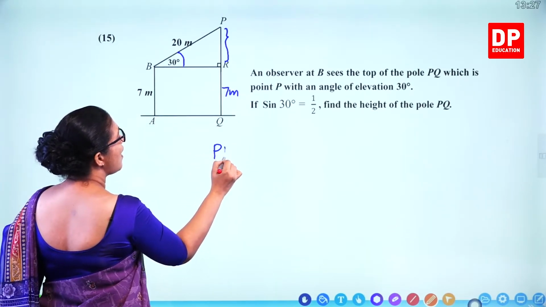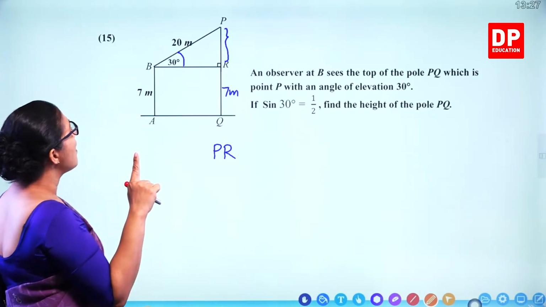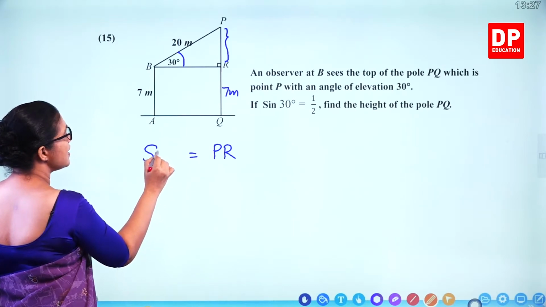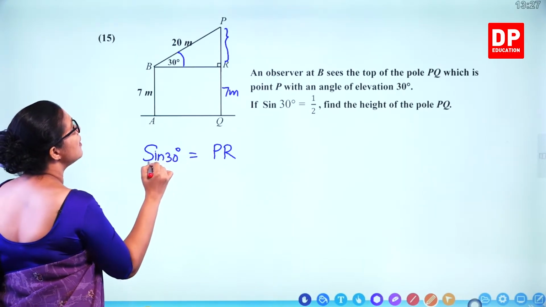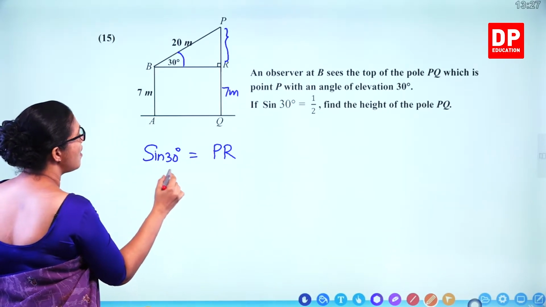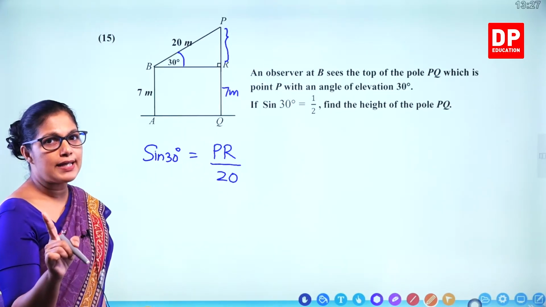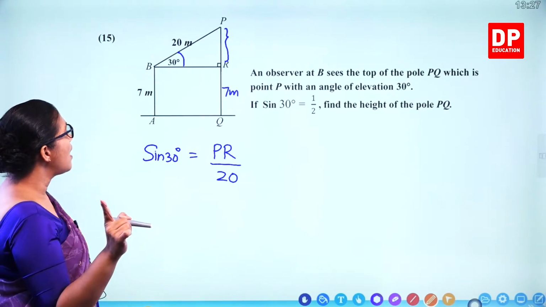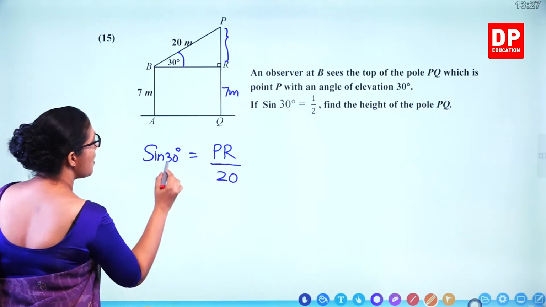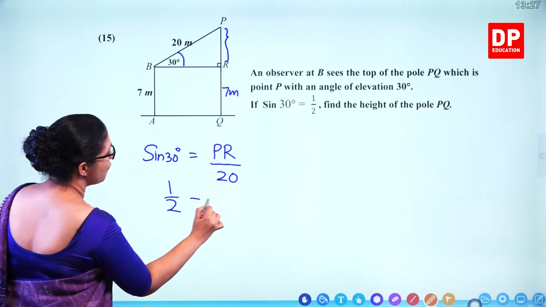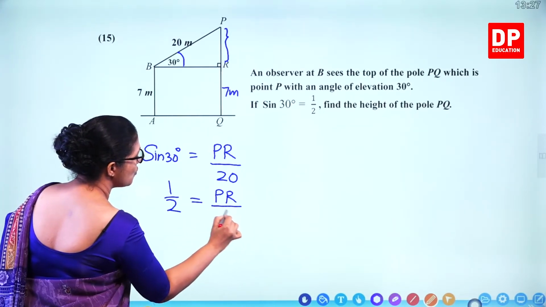So what is PR? PR relates to sine 30. So sine 30 in that triangle BPR is PR over 20. So CAH-TOA, you already know that. Sine is opposite over hypotenuse. So what is sine 30? They are given half. So substitute half.